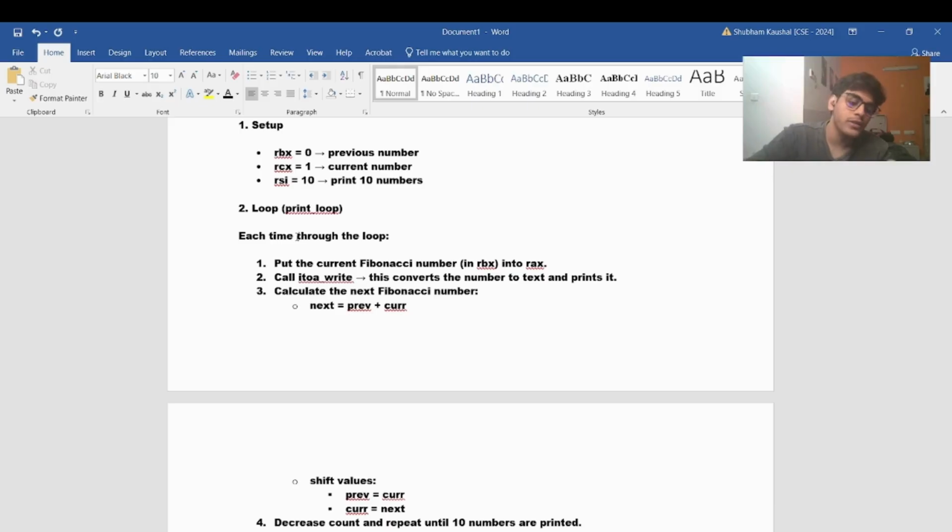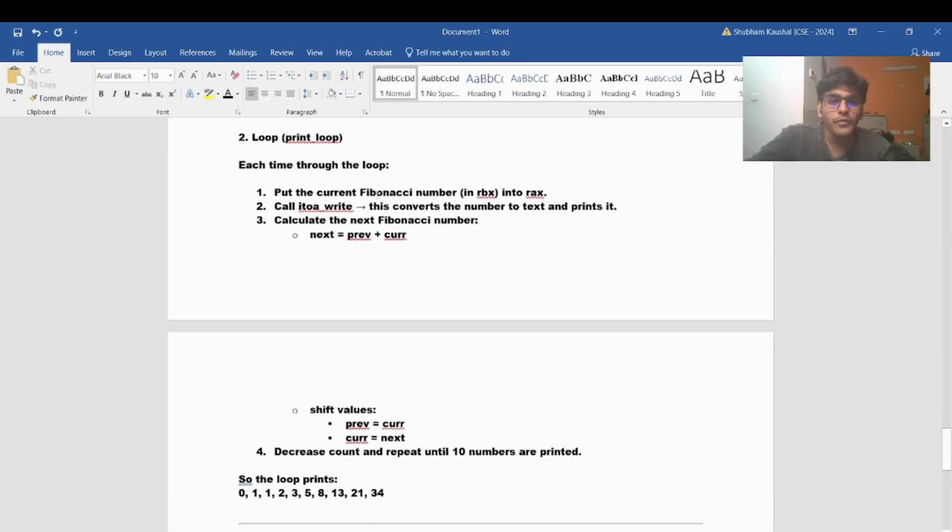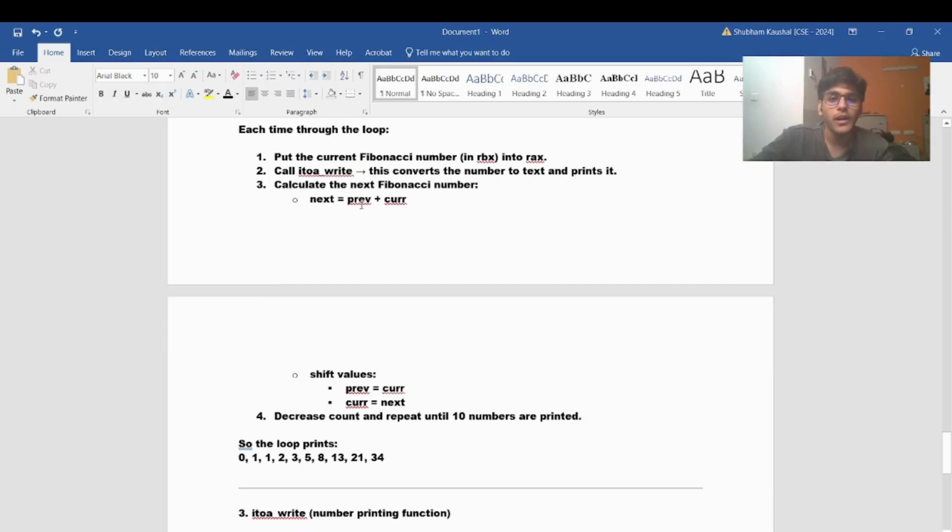As we know, the Fibonacci sequence is the numbers that we get from the sum of the previous numbers. First of all, we'll be putting the current Fibonacci number into RAX, which is basically the ITOR writing, a helper function that is used to convert the number to text so that we can print it. To calculate the Fibonacci number, we'll be using next, previous, and current.